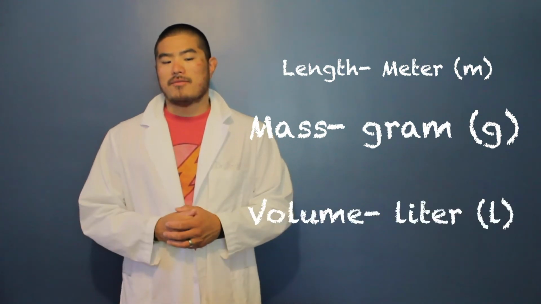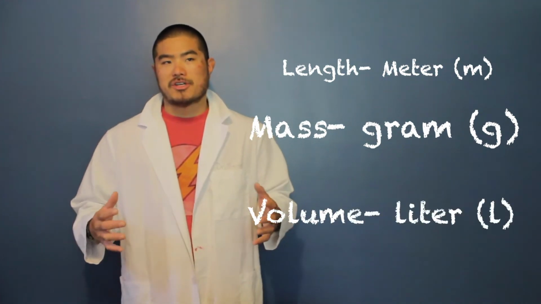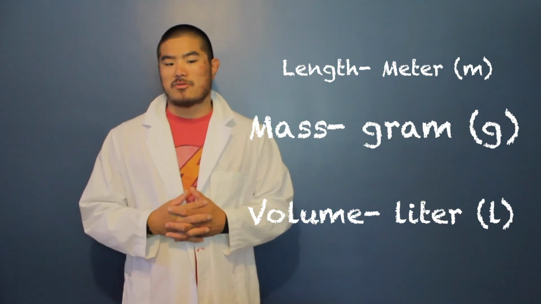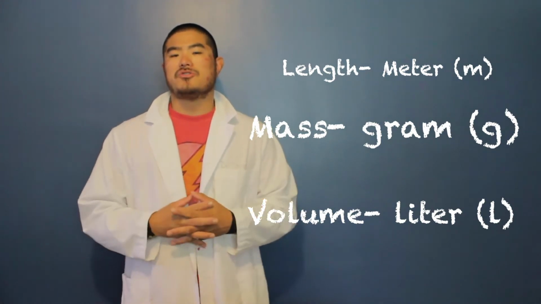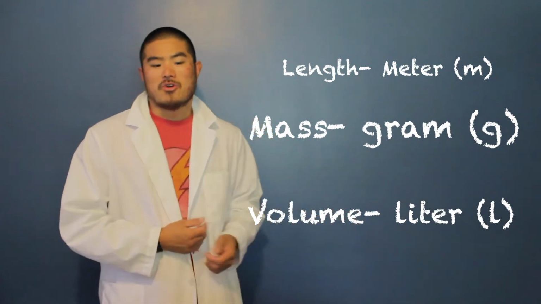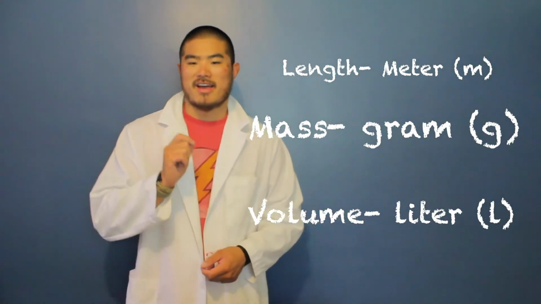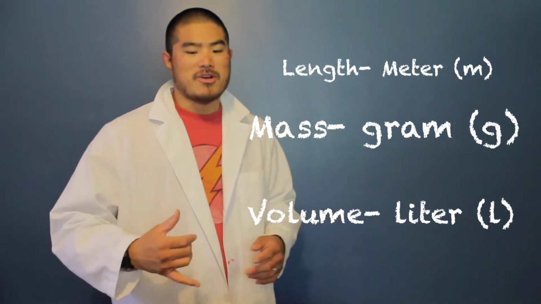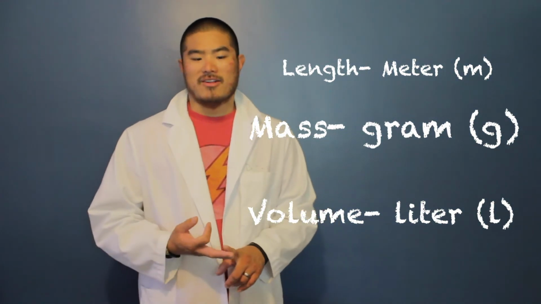And if I'm measuring volume, which is mainly dealing with liquid volume, I want to measure in liters. And again, you guessed it, that will be measured with a lowercase l. So, m, g, and l. Fairly simple enough so far.